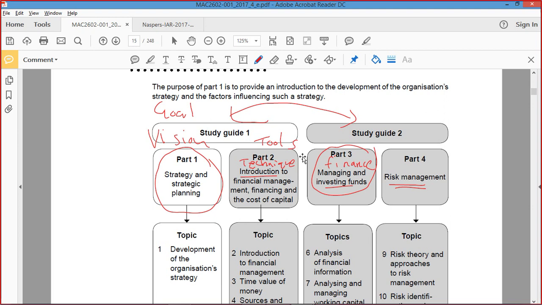Okay, I'm glad you've done DSC before, because if you've done DSC, you've actually done 1630, which is the most difficult financial calculation module there is in the UNISA, let's say, choice of subjects.